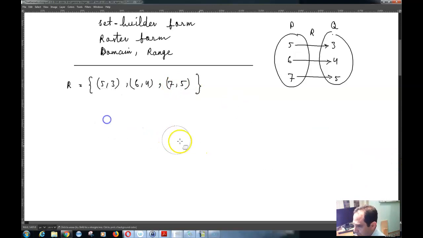So I can write this relation as R is equal to all ordered pairs X, Y such that Y is equal to X minus 2, and X belongs to P, and Y belongs to Q.